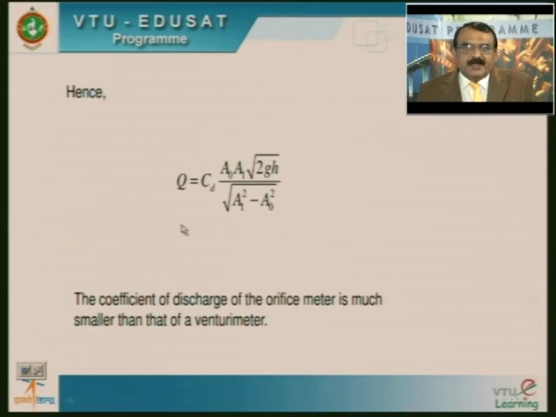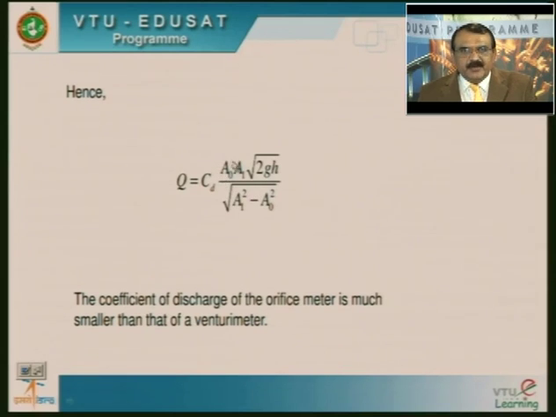Now the discharge equation finally works out to be Q is equal to Cd into A0 A1 into root of 2gh divided by A1 square minus A0 square, under root. What is the difference between the discharge equation of a Venturi meter and that of an orifice meter? There, if you recall, it is A1 A2, the area of the inlet section and the area of the throat section, into root of 2gh divided by A1 square at inlet minus A2 square at throat section, whole thing under root.